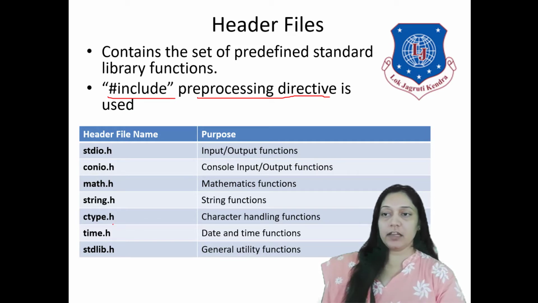You can see all have the extension .h, meaning these are header files. For string functions and character handling functions there is ctype.h. If you want to work with date and time in your program, then we have time.h, and there are extra utility functions in stdlib.h. So in coming chapters, we'll be using each and every header file one by one to get into more details.